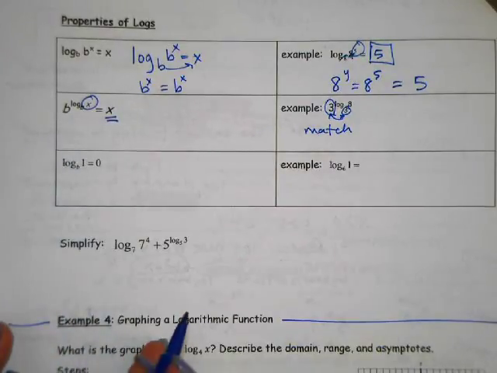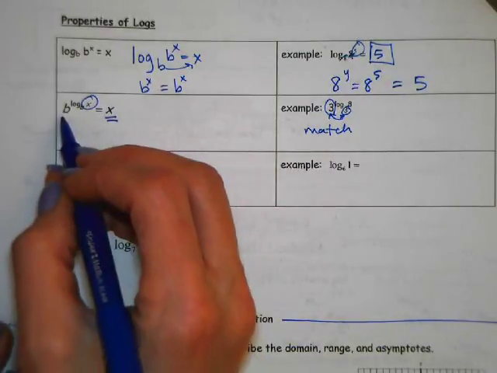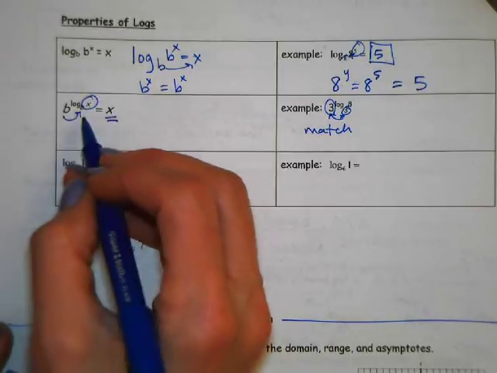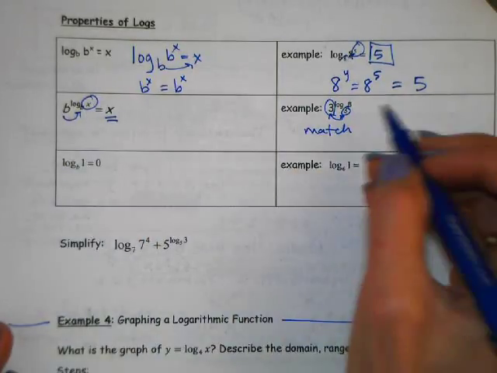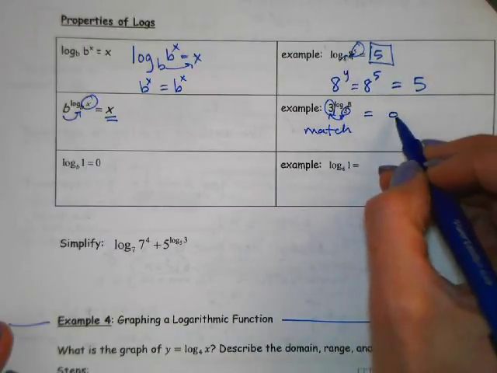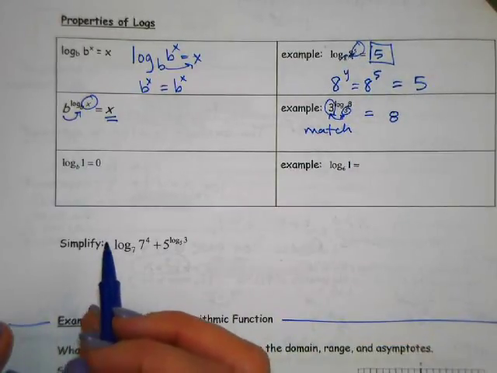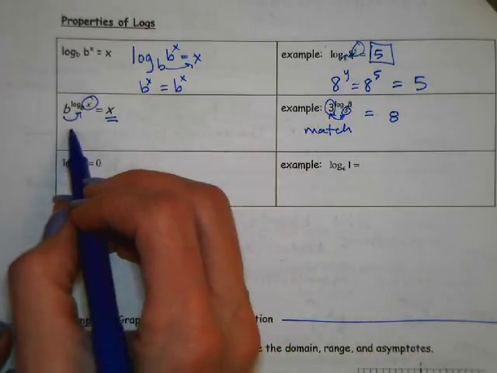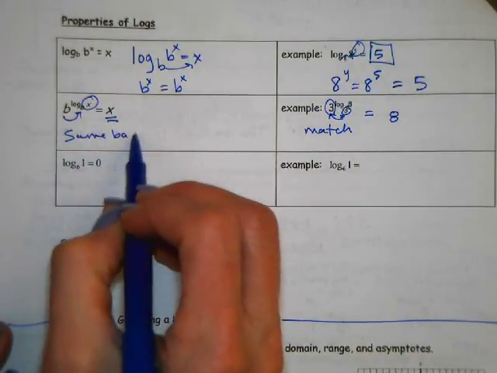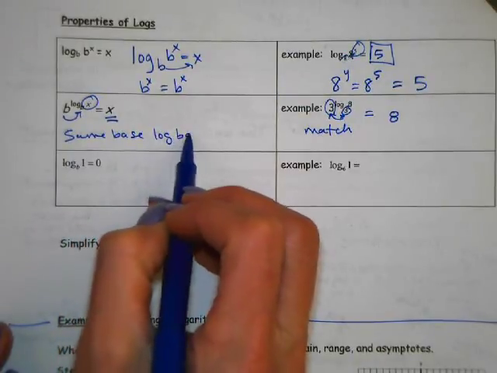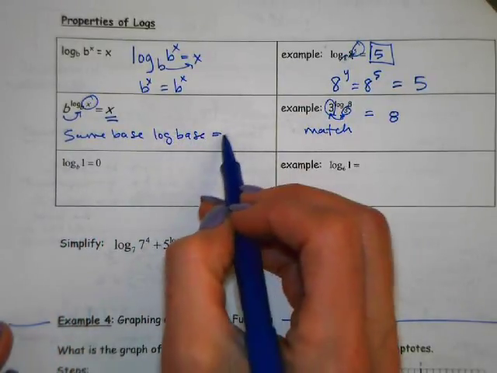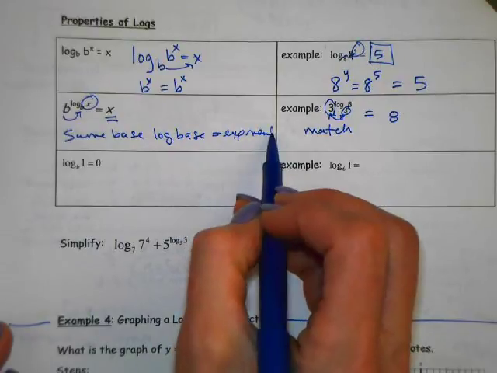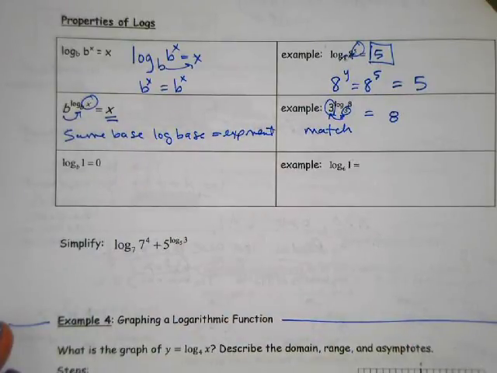It's the exponent. So on this one here, when the base and the log base match, then your answer just becomes the exponent. So this just evaluates to 8. So when you have the same base and log base, then your answer is just the exponent.